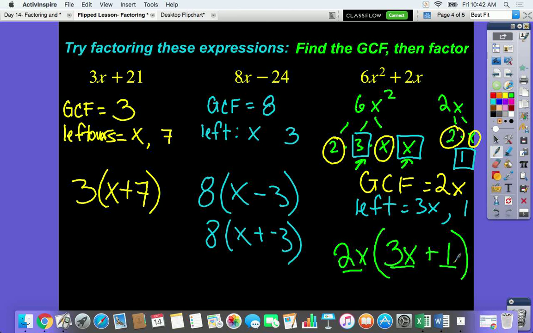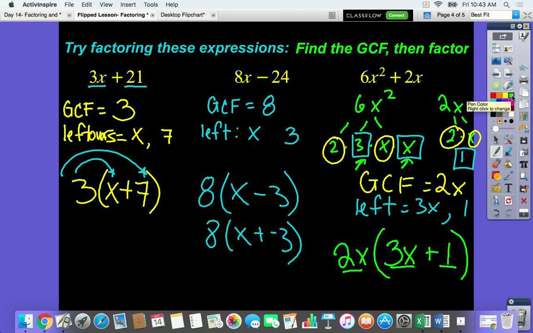If ever you're unsure, I'm going to leave you with this. You can always go back and check it. Let's go back to this first problem. Think to yourself, what are we trying to get this to in standard form? 3 times x is 3x. 3 times 7 is 21. Go back and forth between the two forms. Make sure that you're on the right track.